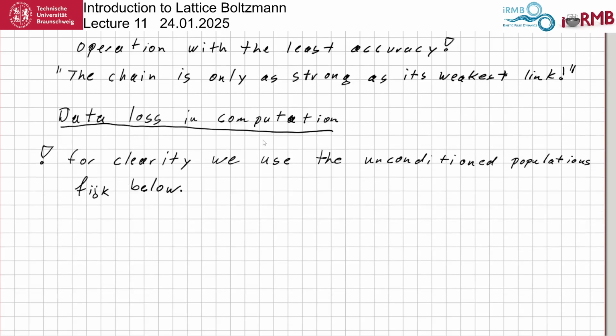So let's look at how you would potentially naively compute your moments. For example, the velocity.